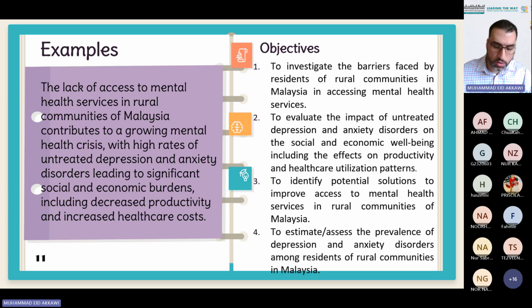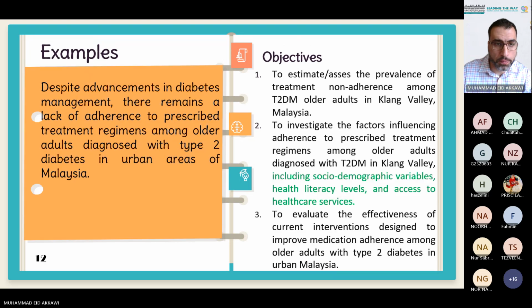We will have one more example, which is related to medication adherence among older adults with type 2 diabetes mellitus. Number one is to estimate or to assess the prevalence of treatment non-adherence among older adults with type 2 diabetes mellitus in Klang Valley, Malaysia.